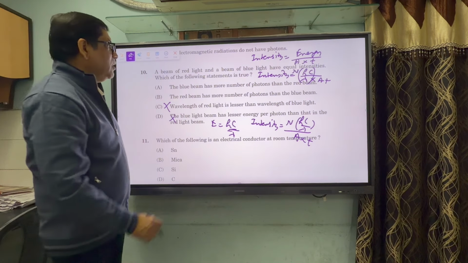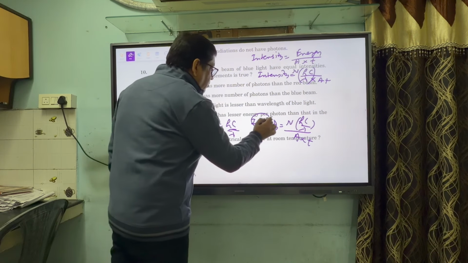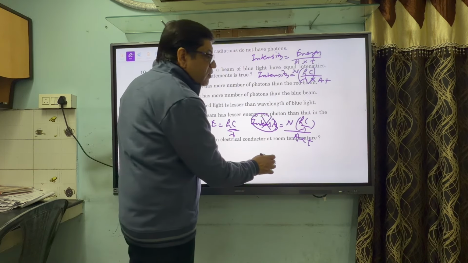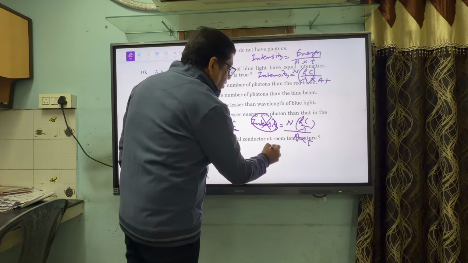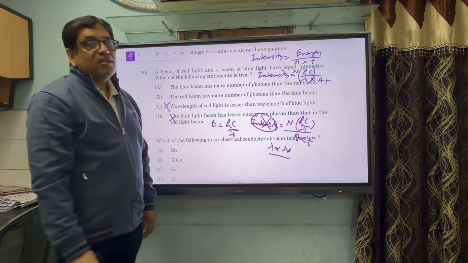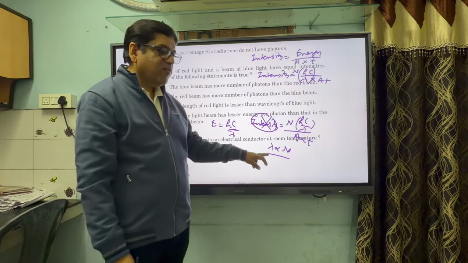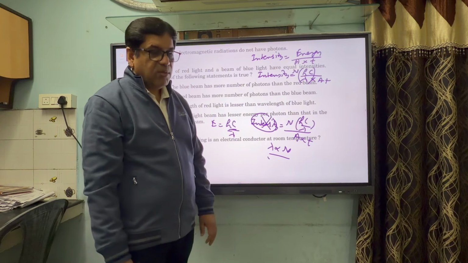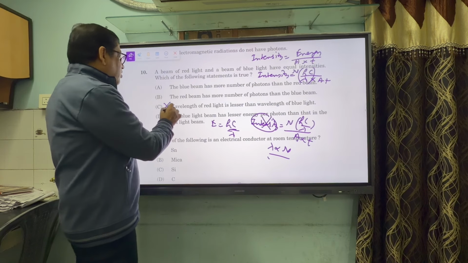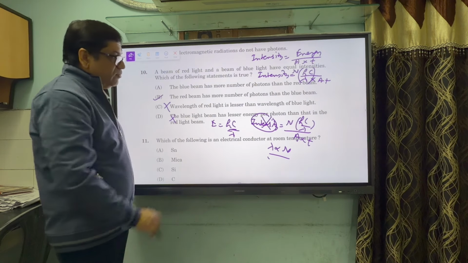They are saying the same intensity, intensity is same. Area is same, everything is same. So lambda and n are directly proportional. Whichever has larger wavelength will have more number of photons. So red color has larger wavelength, so it will have more number of photons.